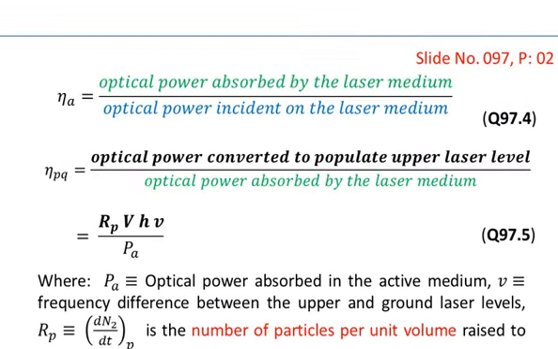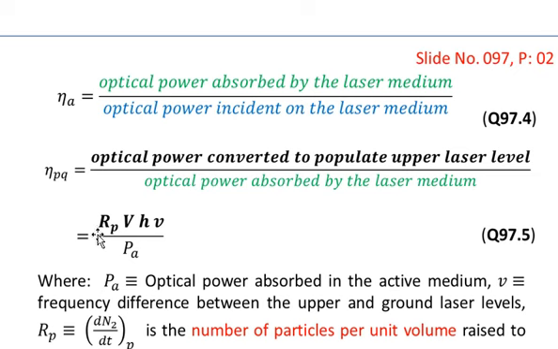Then eta A, the absorption efficiency, is defined as the optical power absorbed by the laser medium divided by the optical power incident on the laser medium. And then eta PQ, the power quantum efficiency, is defined as the optical power converted to populate the upper laser level divided by the optical power absorbed by the laser medium.